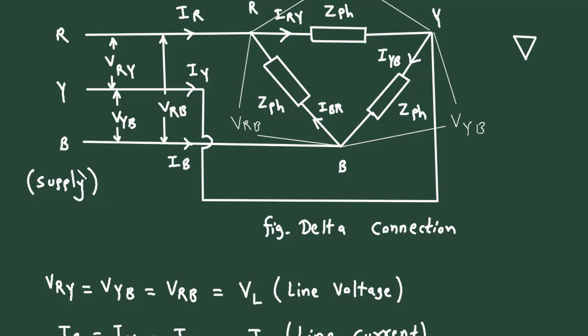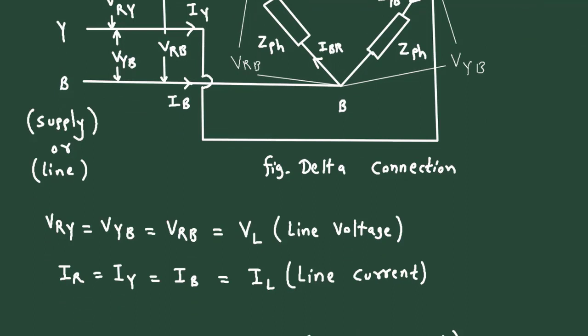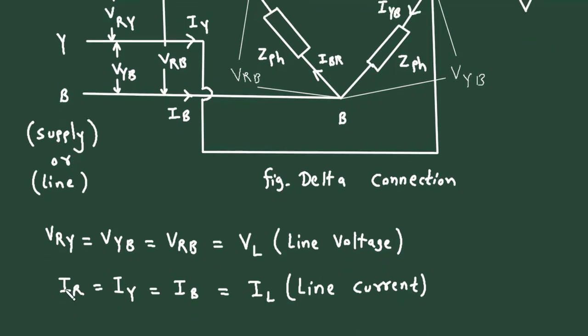So this is supply or line. So this VRY is the line voltage, this VYB is the line voltage, and this VRB is also the line voltage.